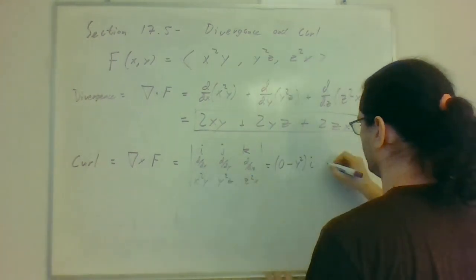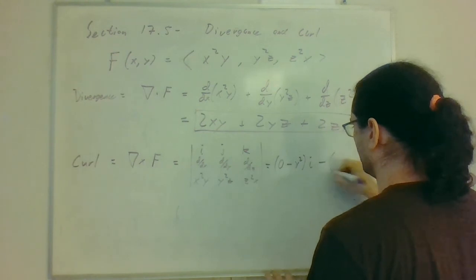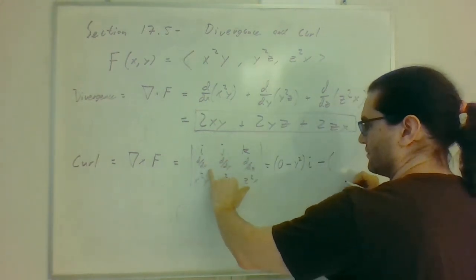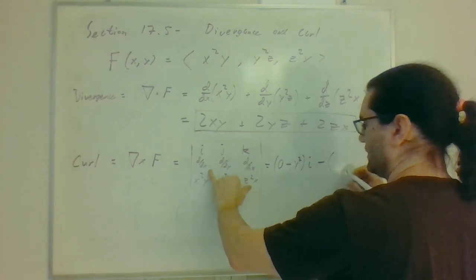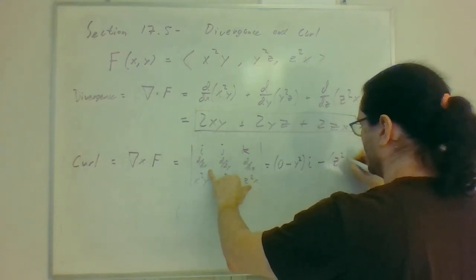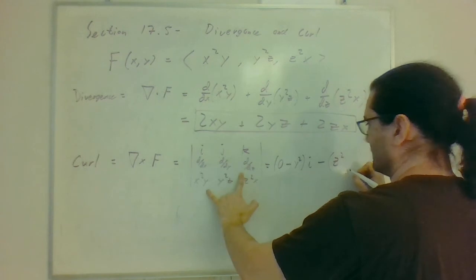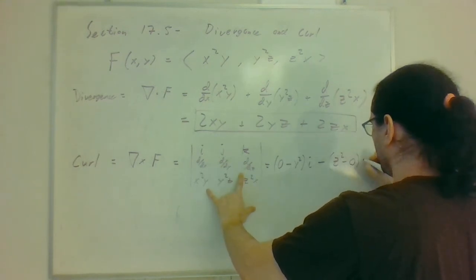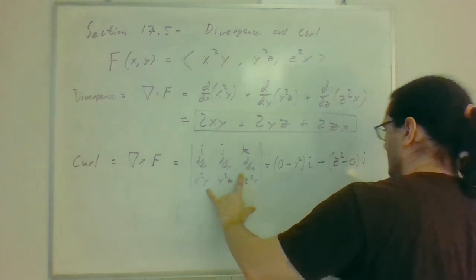And then we're going to get to the j component, which we sort of naturally just subtract. And it'll be the derivative of this with respect to x, so that'll be z squared, minus the derivative of this with respect to z, which is 0. That's my j component.